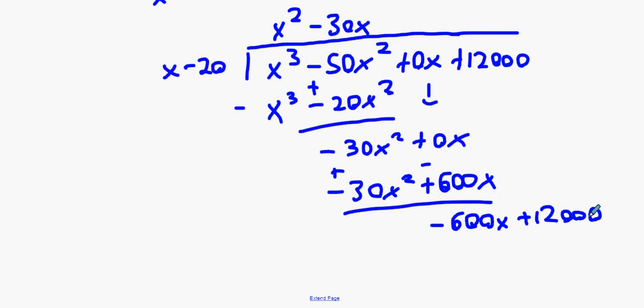Divide it in again. Minus 600. All right, and what do we get then? Yeah, we do get 0.